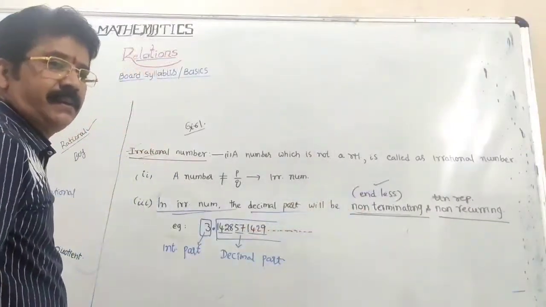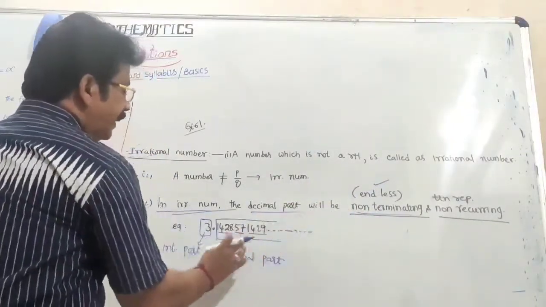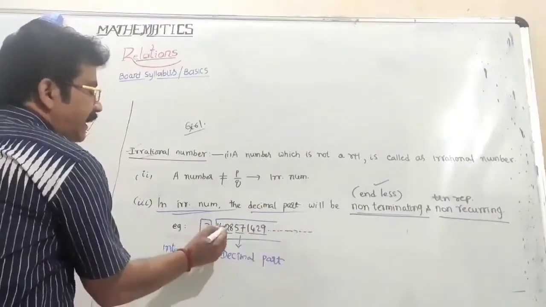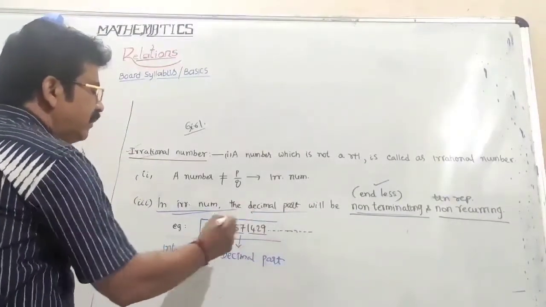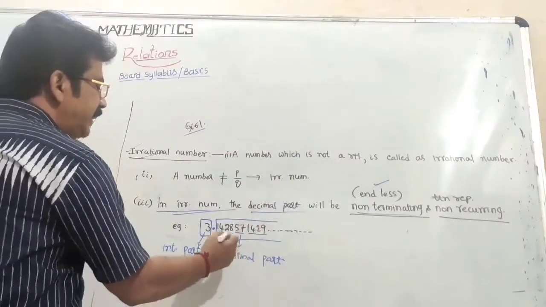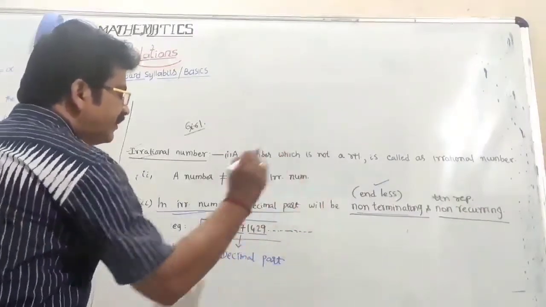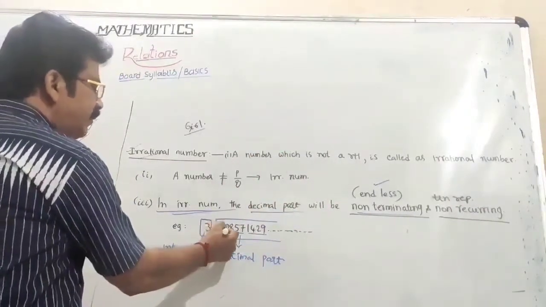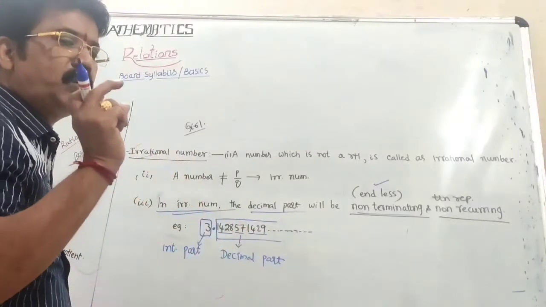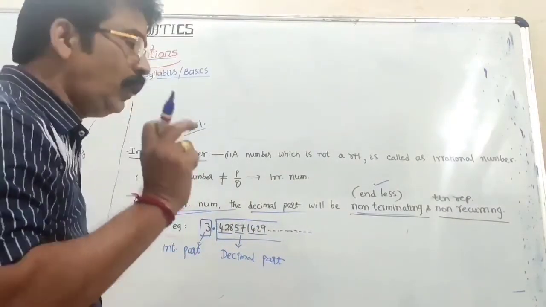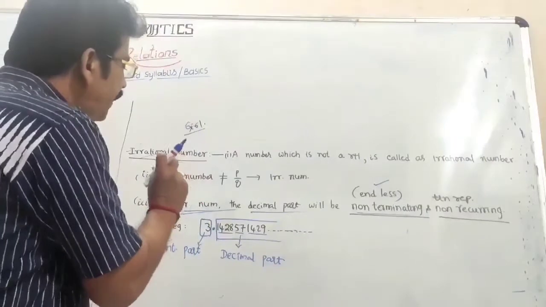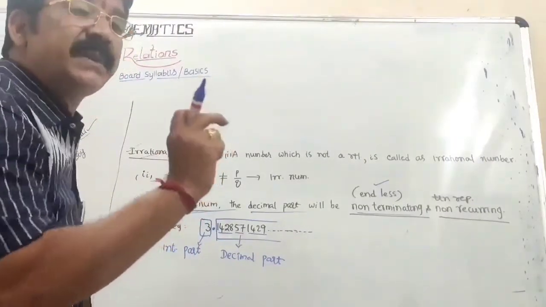Infinite decimals are there. In this group, 14 is not repeated. Even 142 is not repeated. Even 1428 is not repeated. Even 14285 is not repeated. So no group of digits is repeated.